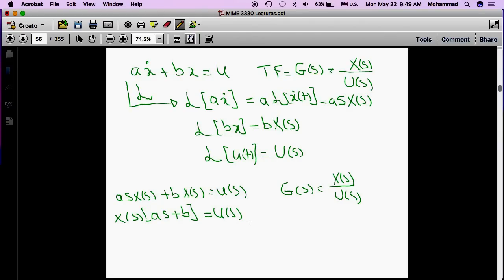So what would the ratio be? It is going to be equal to 1 over as plus b. Congratulations, you have your first transfer function model. You have your very first transfer function model between input u and output x.